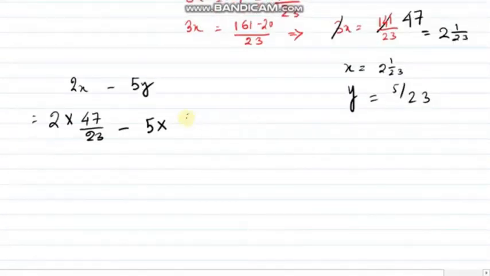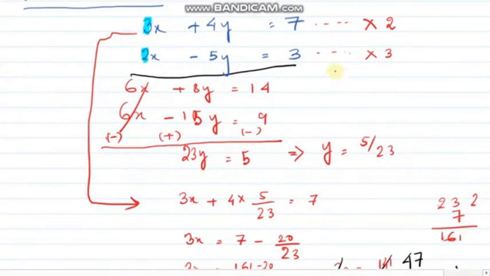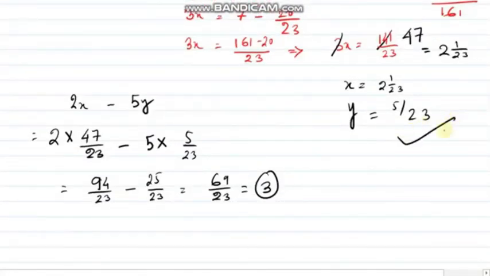So 5 into 5/23. So it will be 94/23 minus 25/23. If you simplify, you will get 69/23, which is equal to 3. The equation is also 3, right? So it satisfies, hence it's the answer.